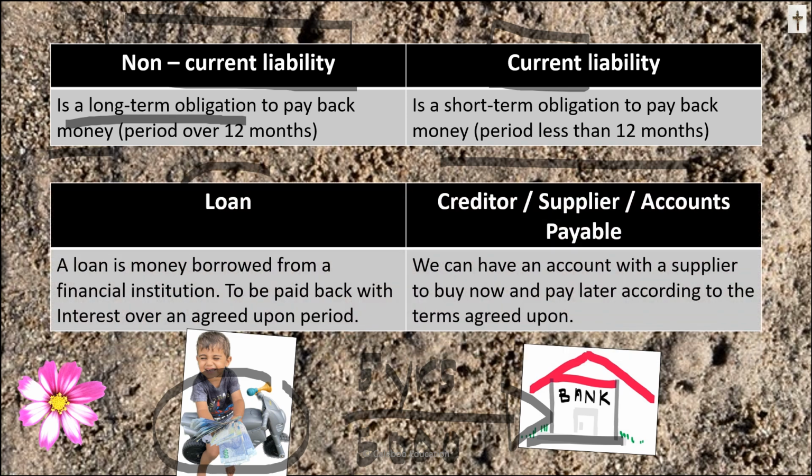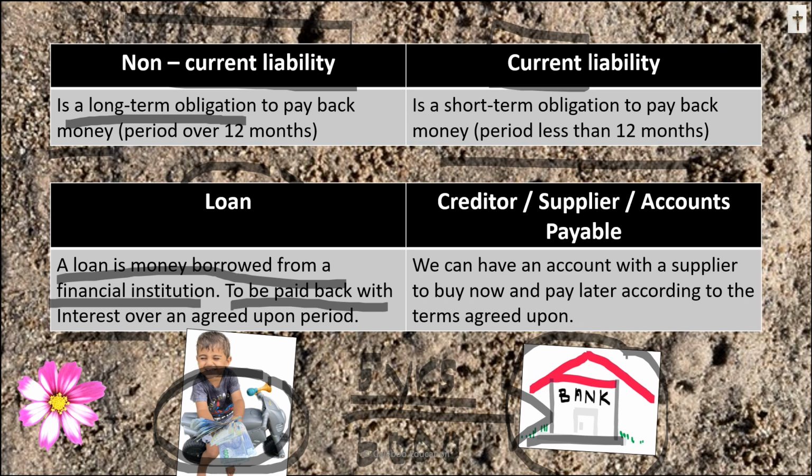I've included in this slide just the definition of a loan, which I did kind of explain at the start of this slide. A loan is money borrowed from a financial institution, and it's to be paid back with interest over an agreed upon period. So in my example, to pay for this scooter, we lend money from the bank. It's going to take 5 years, and we're going to be charged interest on the loan.